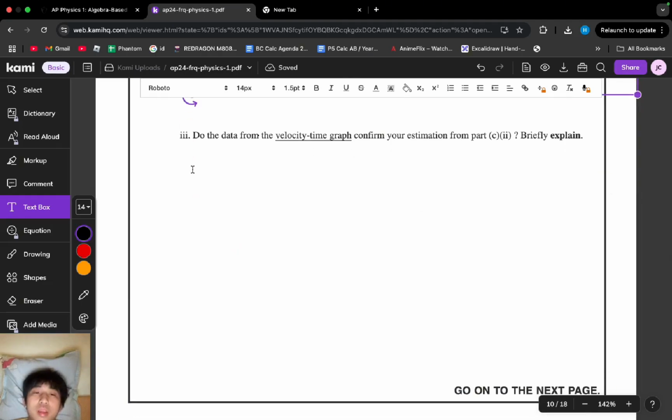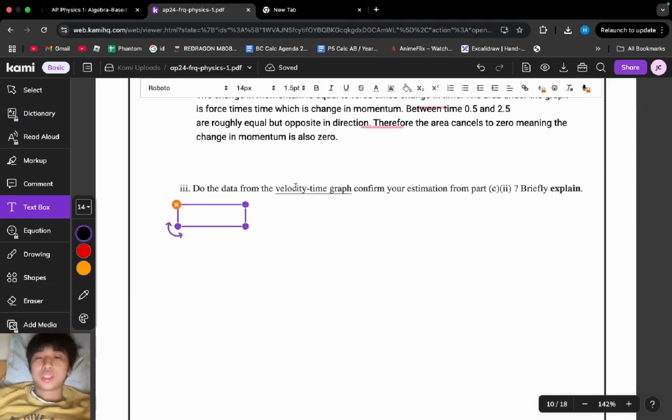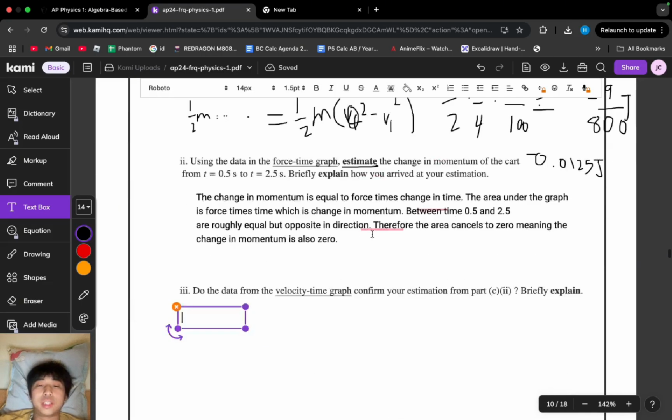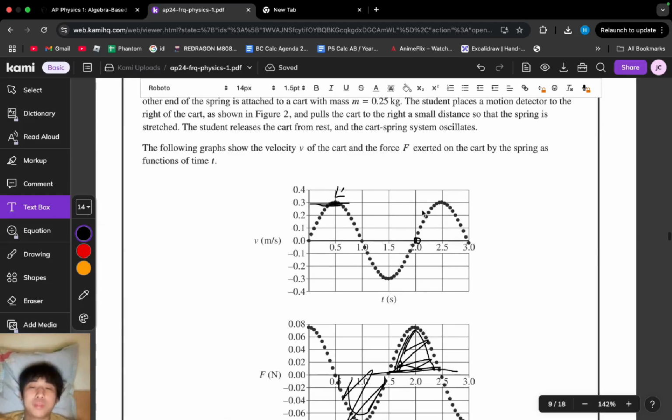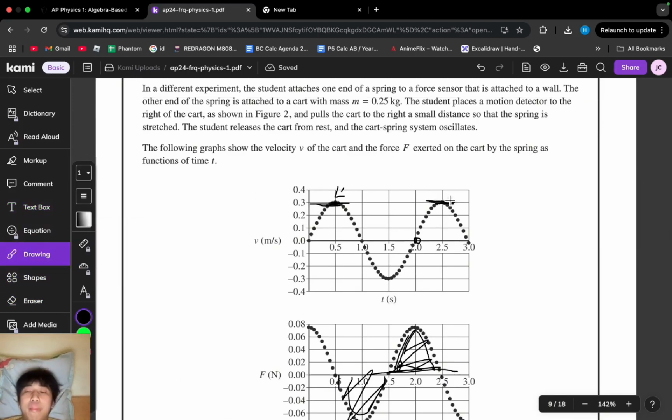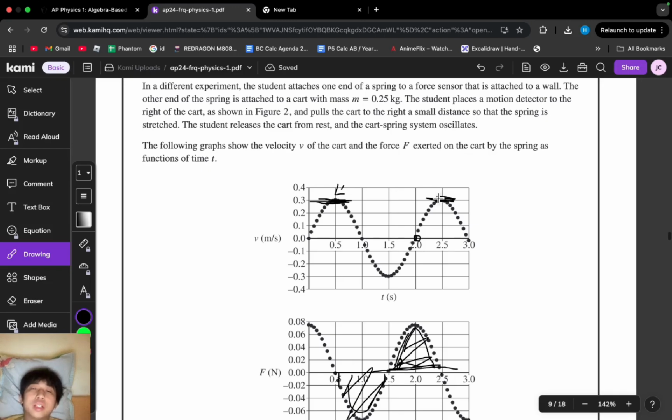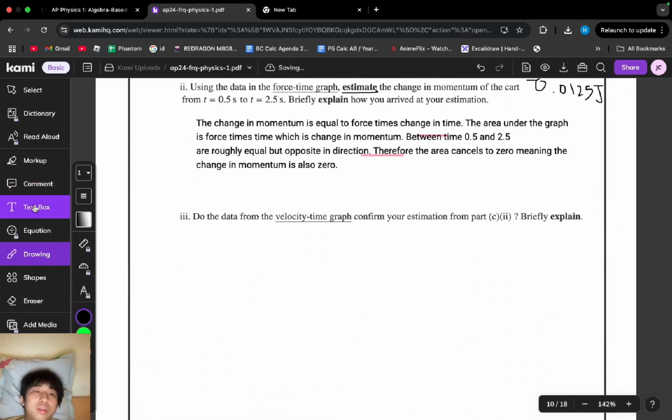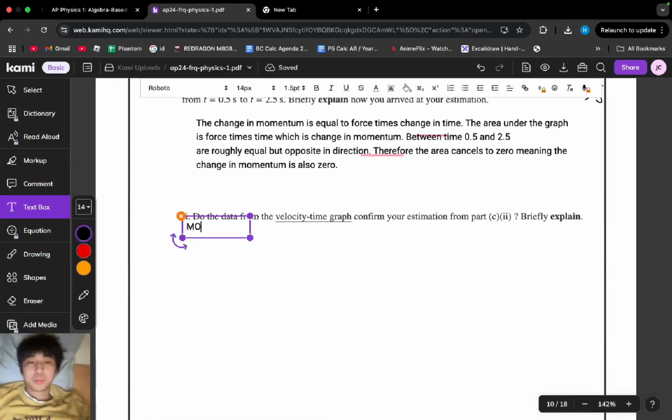Next one is, do the data from the velocity-time graph confirm what we got from C2, which is that the change in momentum is 0? You'll see from 0.5 to 2.5 that since they have the same mass and the same velocity, their momentum is the same at these two times. So we can write briefly that momentum is velocity times mass.